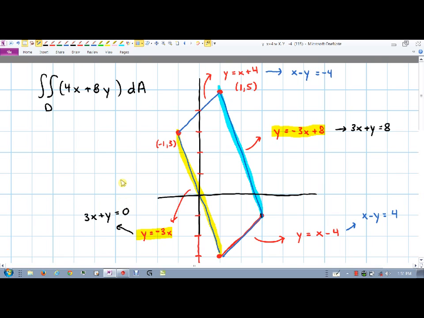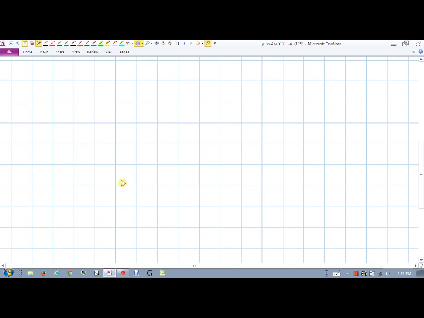All right, so let's do this change of variable. I'm going to do the one that they gave me. I'm going to replace all x's with 1/4 (u plus v). I'm going to replace all y's with 1/4 (v minus 3u). Yeah?